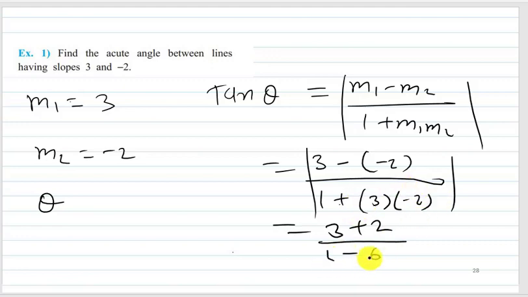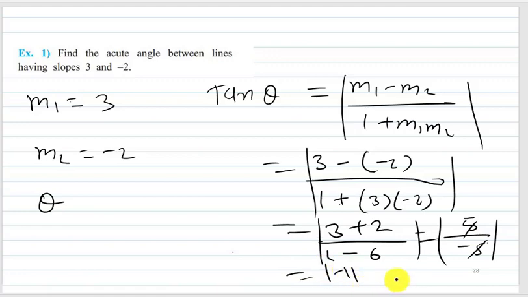What will you get? 3 plus 2, 5 in numerator, 1 minus 6, minus 5 in denominator. Right? The modulus. Here you can observe we got minus 1. After taking the modulus, tan theta value will be 1. Here we got tan theta as 1.